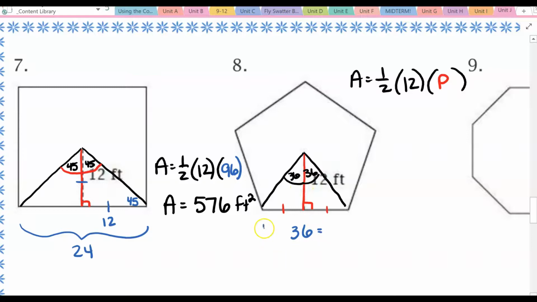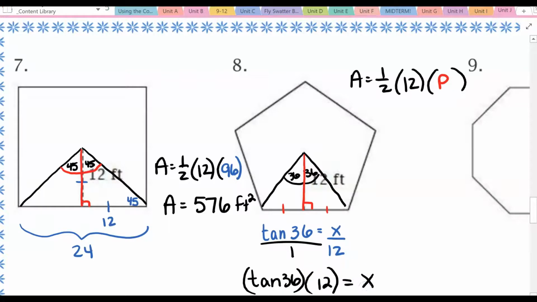So I'm still using tangent, and so we want the side opposite, and the side that's adjacent is our apothem, which is 12. So when we go to cross multiply now, I have tangent of 36 times 12 equals our mystery measurement.